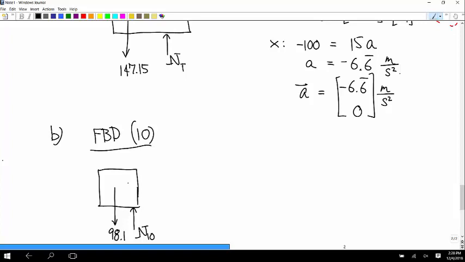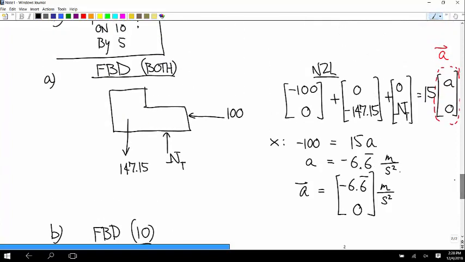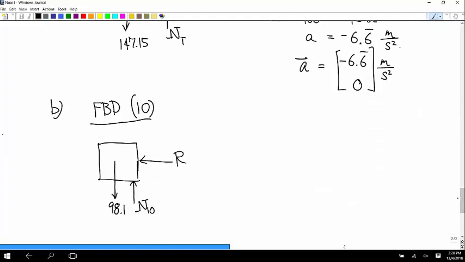And then there's a pushing contact applied to the 10 by the 5. That's this way. I'll call that R. The 100 Newton force doesn't appear because that's applied to the 5 kilogram. So this is the complete free body diagram.